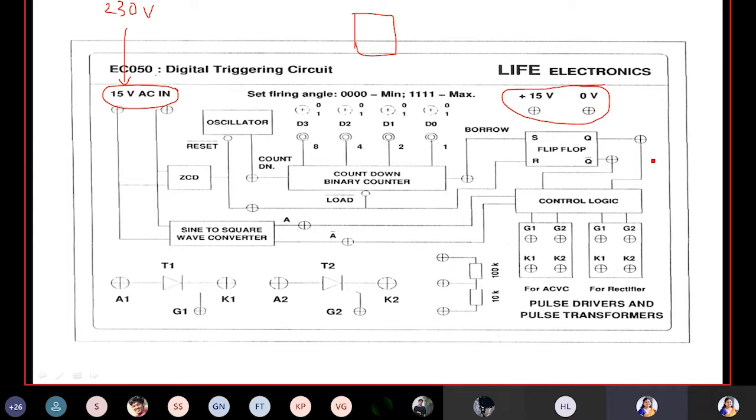Now we'll try to understand control signals will be generated using this digital triggering circuit. When you plug in 230 volts socket into the main terminals, the power starts to flow through this path and to this path. This will energize the ICs. Now this 15 volts AC will be appearing across these two terminals.